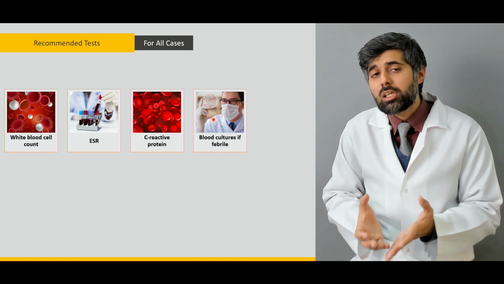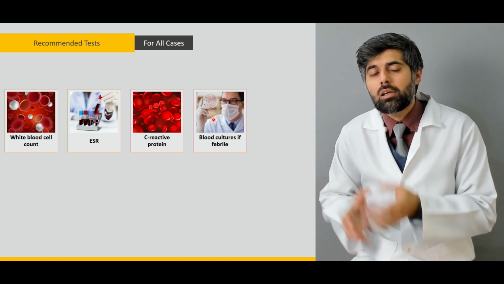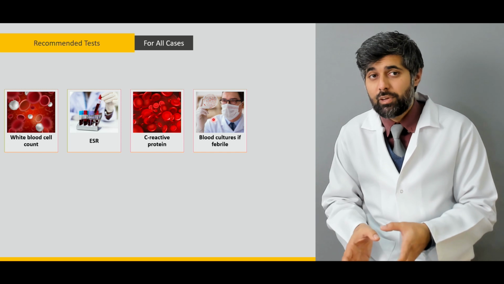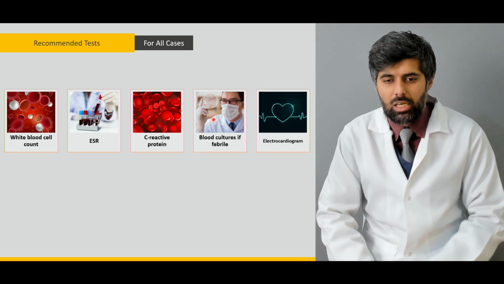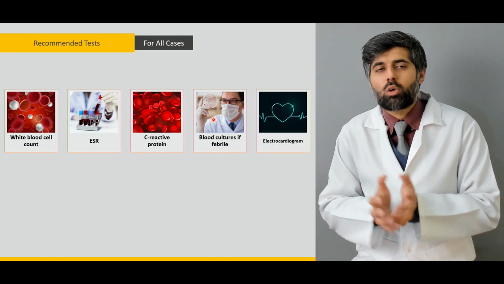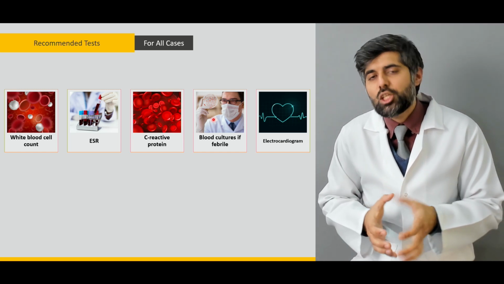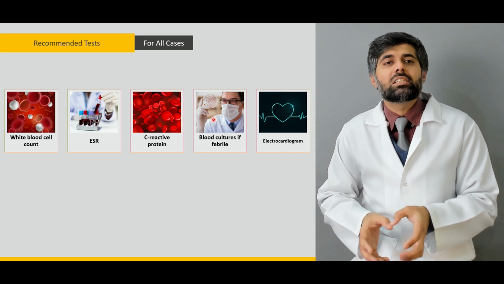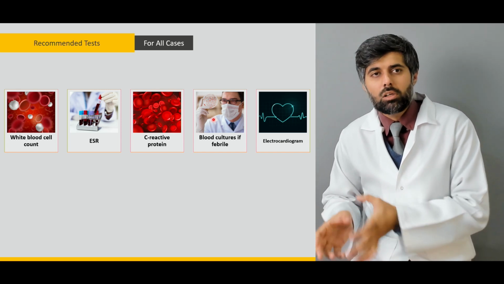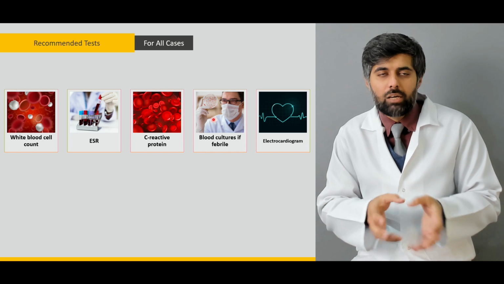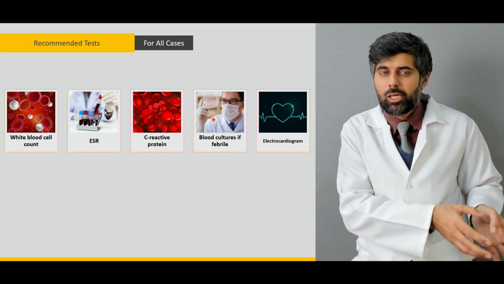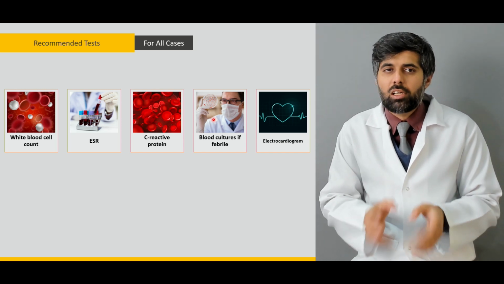So the blood cultures are only taken when the patient has fever. Next, we perform an electrocardiogram, or ECG, because there is an increase in the PR interval, which is one of the supporting evidences during the diagnosis of acute rheumatic fever.